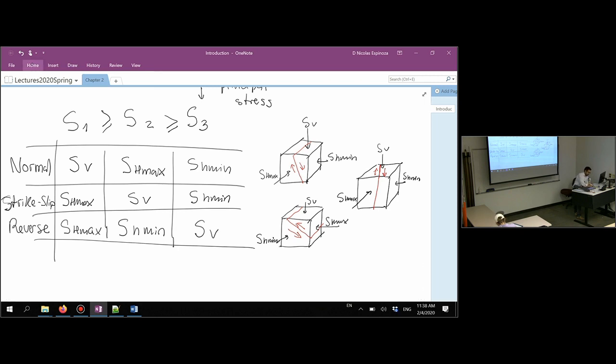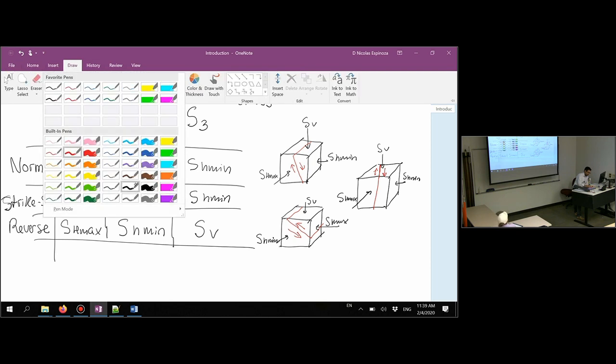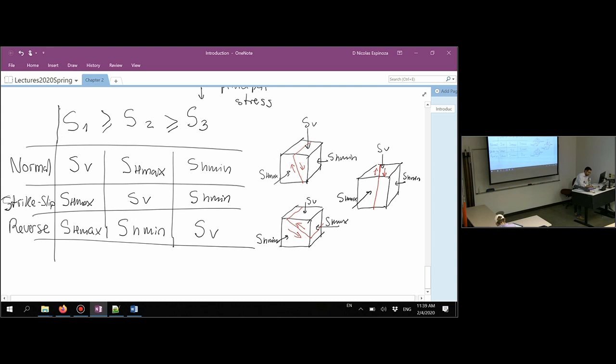And these three types are what are called the stress regimes, and they depend on the relative magnitude of each of those horizontal and vertical stresses.